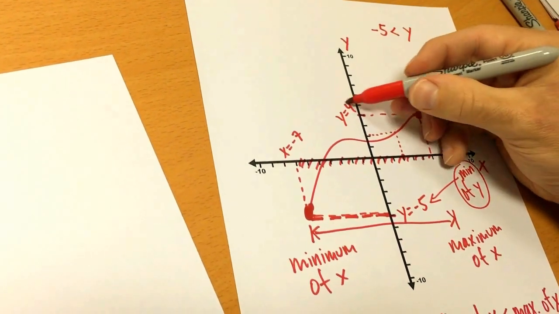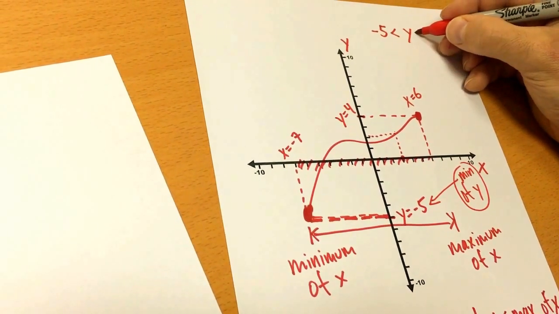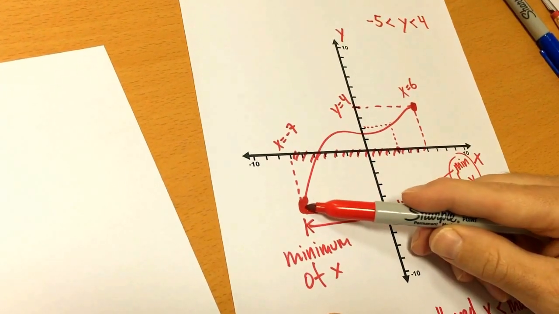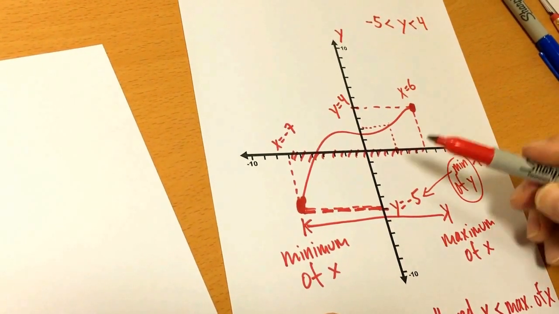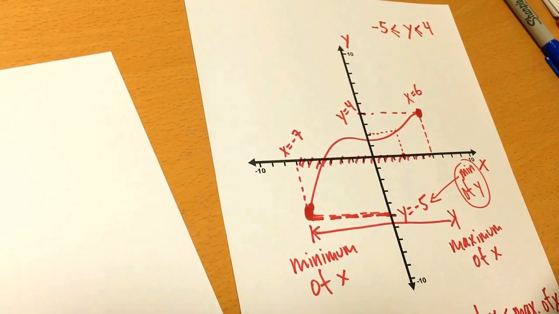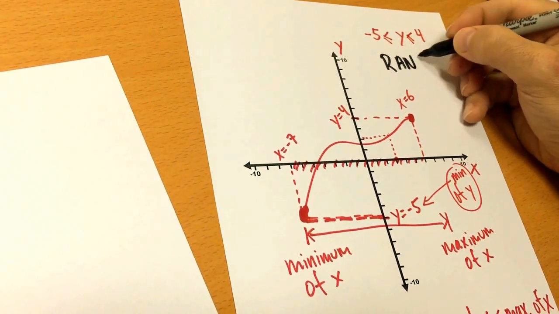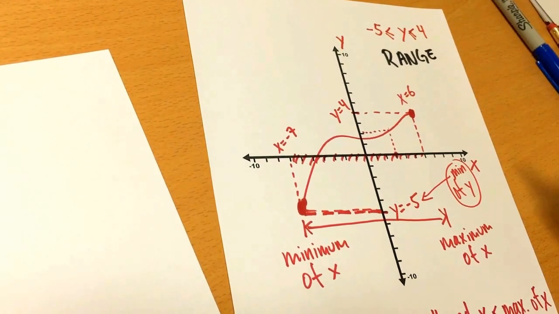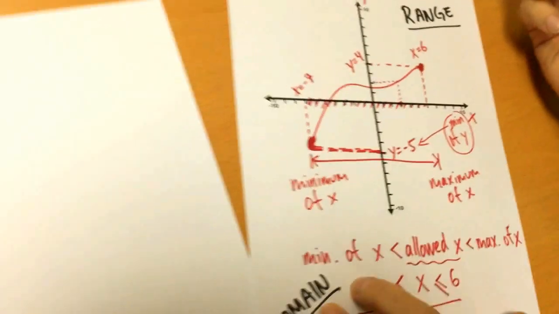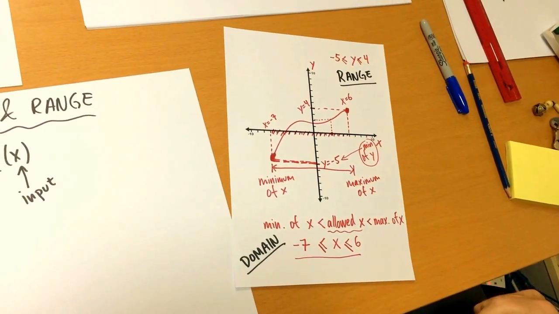The maximum y value here is 4. So whatever y value I get, it must always be less than 4. And as I said, if we're writing blobs that are filled out with color, then we write or equal to on both cases. So this is now the range. Yeah, so you can think of the range as the result, and the result always goes in the y-axis.